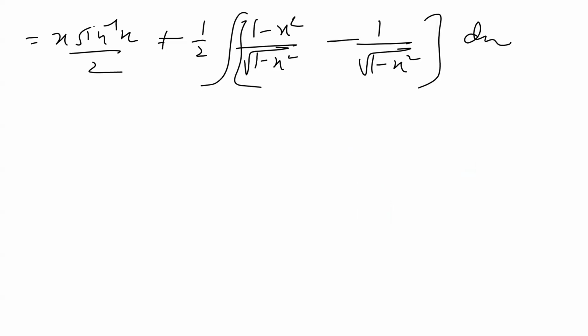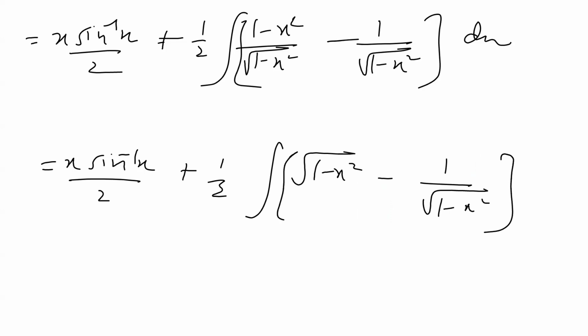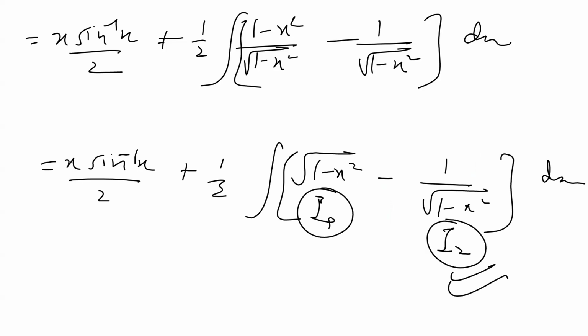So this is going to be x sine inverse x by 2 plus half root 1 minus x square minus. Now this is I1 and this is I2. Now I2 is very easy because this is a direct formula, sine inverse x. But then I1 will be covered up in Indef 3. It is root of a square minus x square formula.